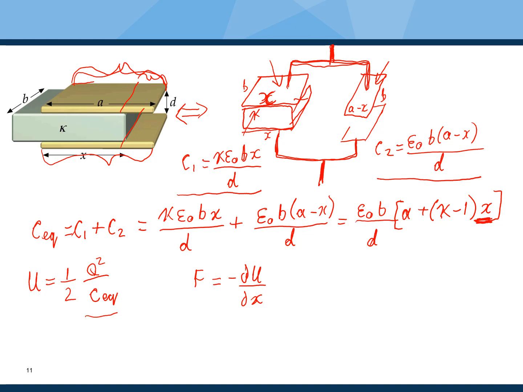And so the slab finds it energetically favorable to be pulled into the capacitor. And that's the solution for part B of the two-part problem that we were given on the previous transparency. So at least at an intuitive level, you understand how to obtain the answer to this question.